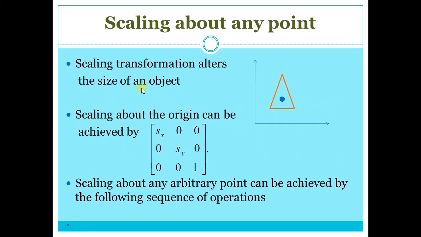The next one, scaling about any point, in a similar fashion. What we have discussed, the scaling transformation, is also about the origin. Scaling transformation alters the size of an object.